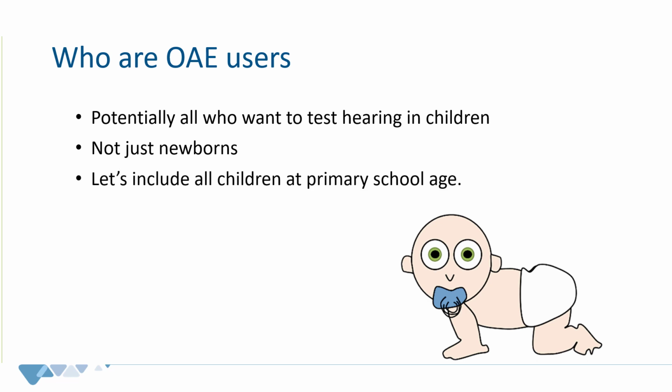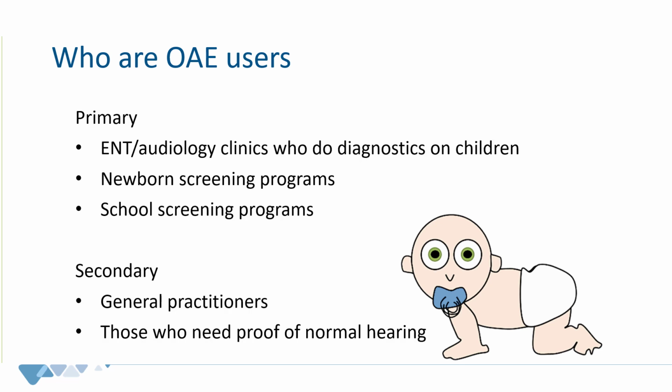And that means also that OAE can be used on all children of primary school age. And with school age, I really mean the kids in school. So if there is hearing screening in schools, then OAE is a candidate to be used. And this is something that is developing at the moment.